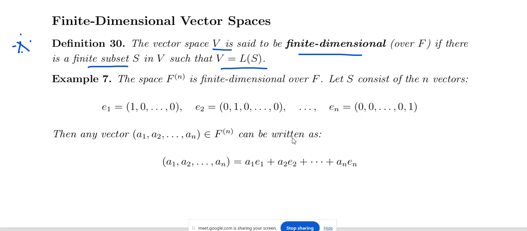S consists of n vectors, that is e1, e2, ..., en, and any vector (a1, a2, ..., an) belongs to F^n.